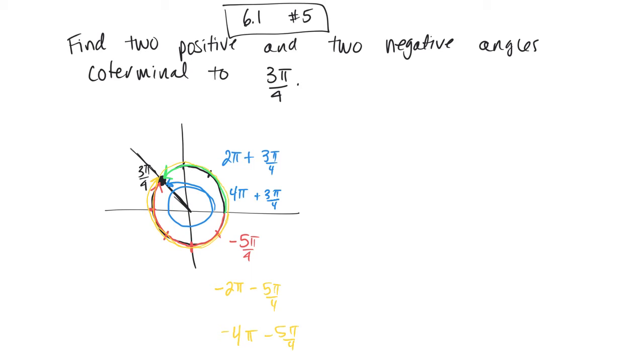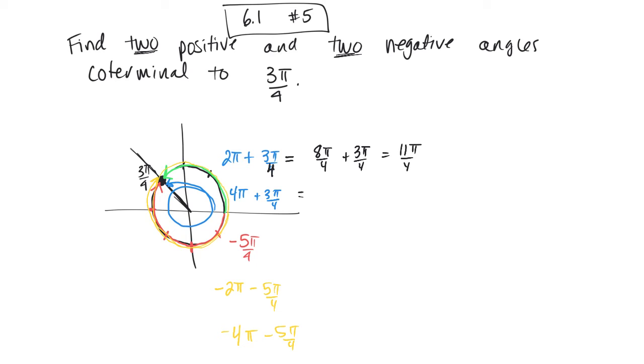Okay, so looking at these, they're saying find 2 positives and 2 negatives, okay? So for the positives, we go around one full rotation at 2 pi. Since we're dealing with fourths, I'm just going to write that 2 pi in fourths. That would be 8 pi over 4. Okay, and then I come join you at 3 pi over 4, so that would be 11 pi over 4.